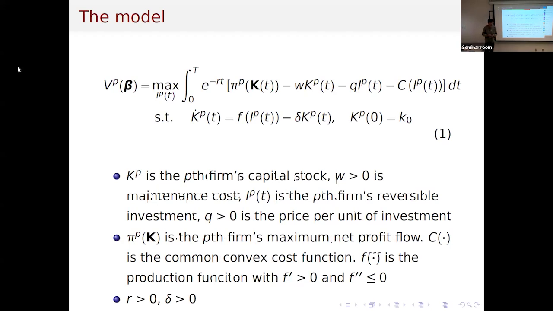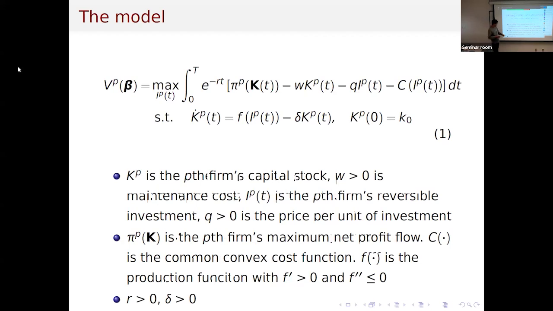So given that we cannot get any closed form solution, and also we cannot solve it numerically, we have to establish some propositions here. This is the basic idea, but we do impose some structure.